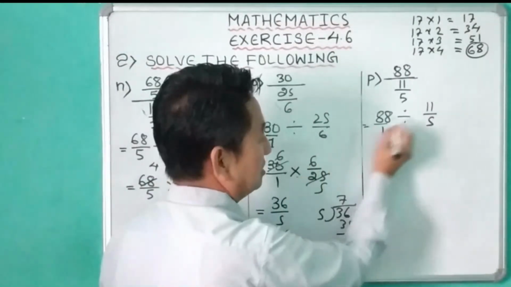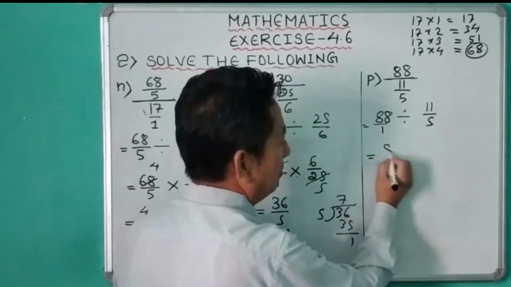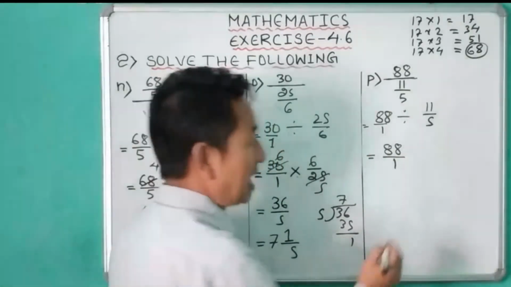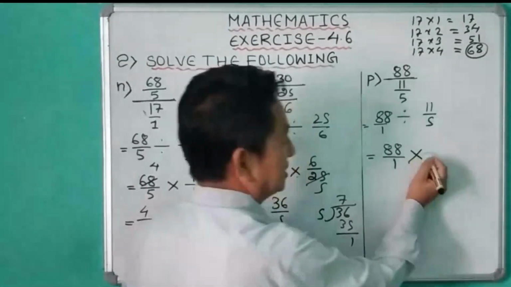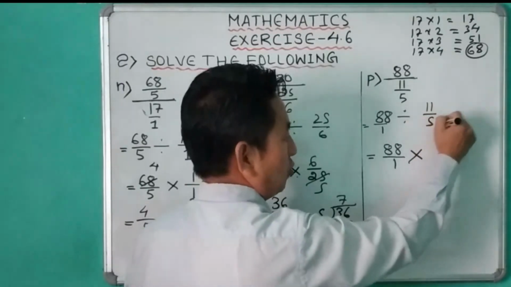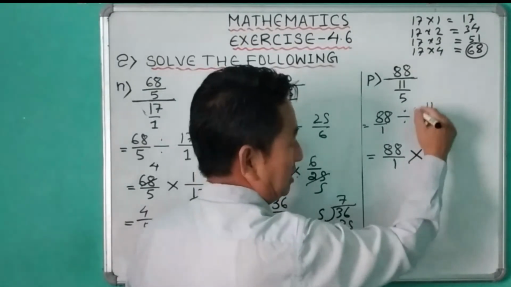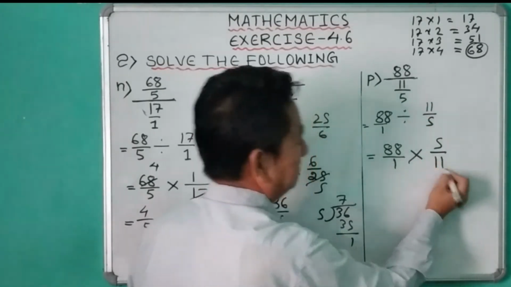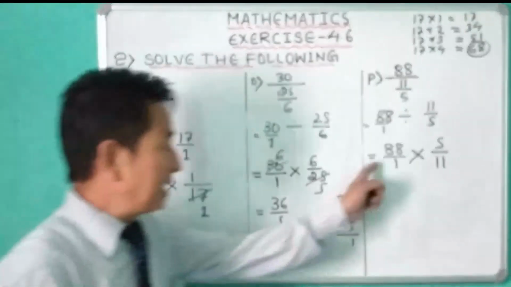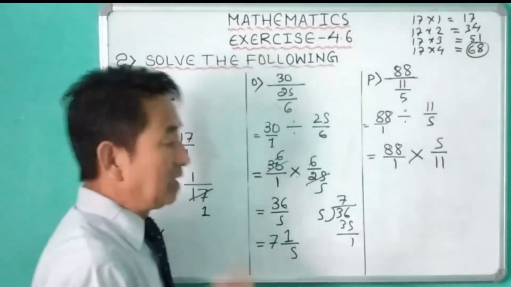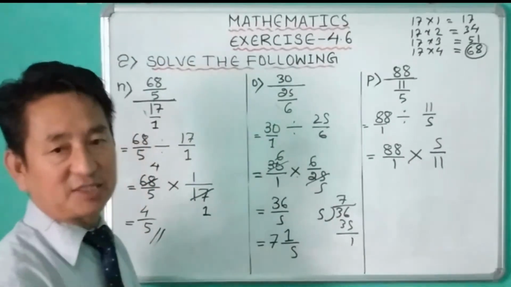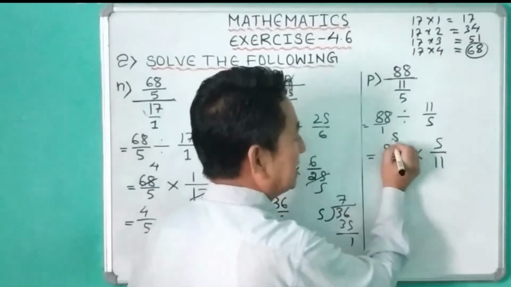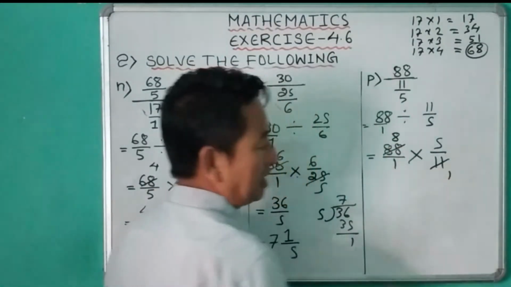Now we'll change this divide sign into multiplication sign. 88 over 1 will remain same. Then we'll write the reciprocal of this fraction, or we'll inverse this fraction, 5 over 11. Now we'll cancel 88 and 11. 11 is common factor between 88 and 11. 11 8s are 88, 11 ones are 11.